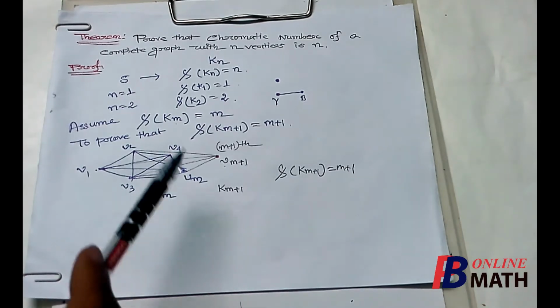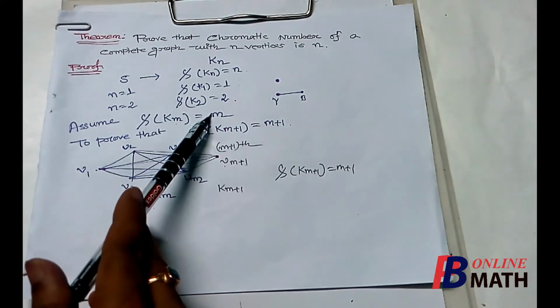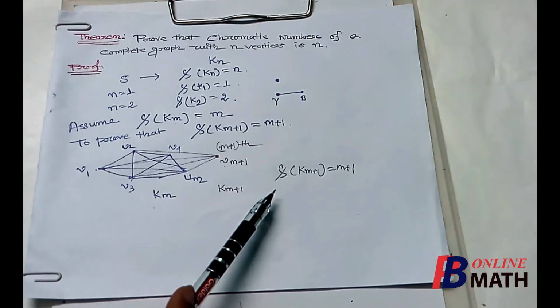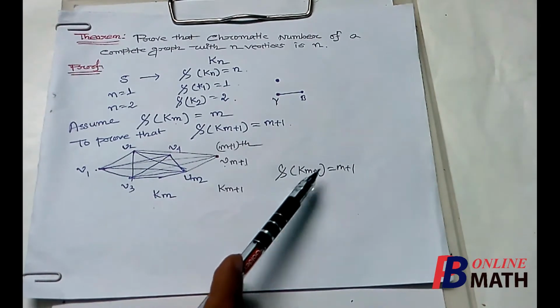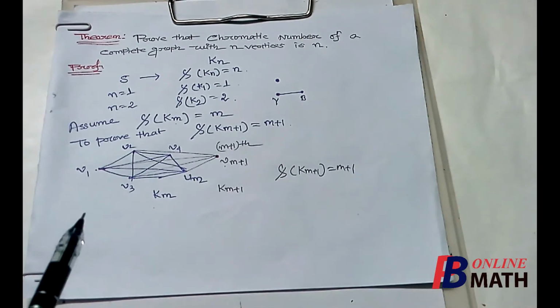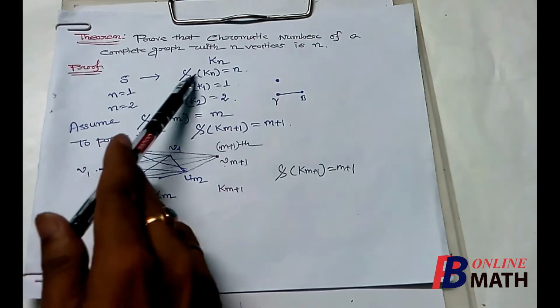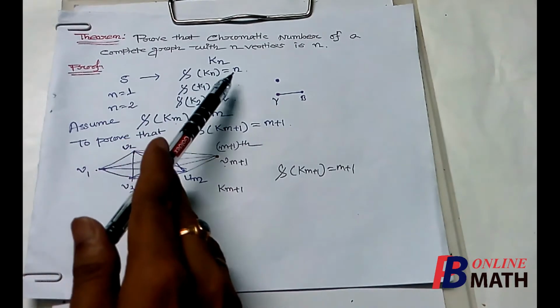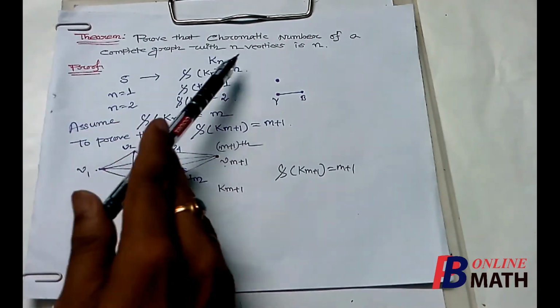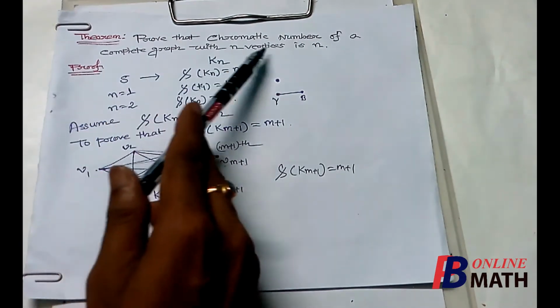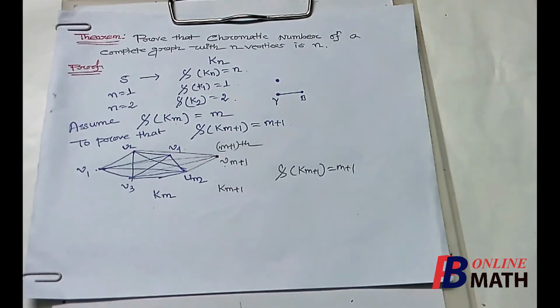So assuming that the chromatic number of Km is m, we have proved that the chromatic number of Km plus 1 is m plus 1. So by mathematical induction we can conclude that this statement is true for any natural number n. That means the chromatic number of a complete graph with n vertices is n. So that completes the theorem.